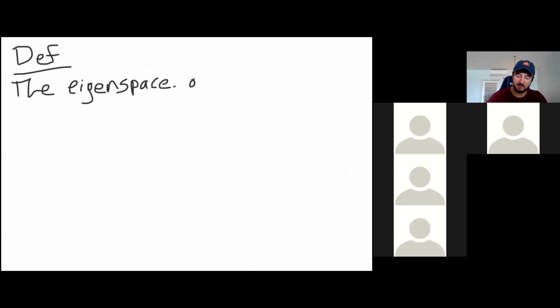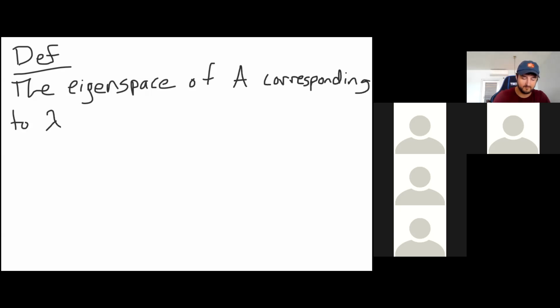So the eigenspace of a matrix A corresponding to a particular lambda. And we're going to always reserve lambda. If we see it, it means eigenvalue.